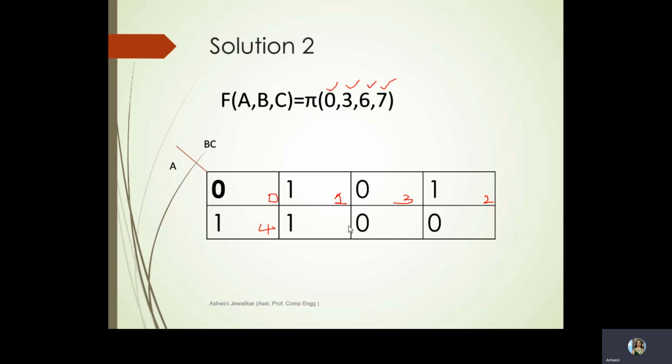Since we are going to use a three variable K-map, we have a total of 8 max terms from 0 to 7, right? So we are going to put 0 here for 0, then for 3 we put 0, for 6 we put 0, and for 7 we put 0, right?